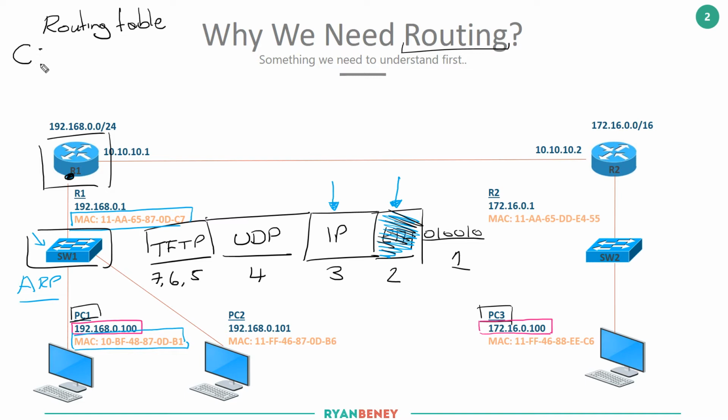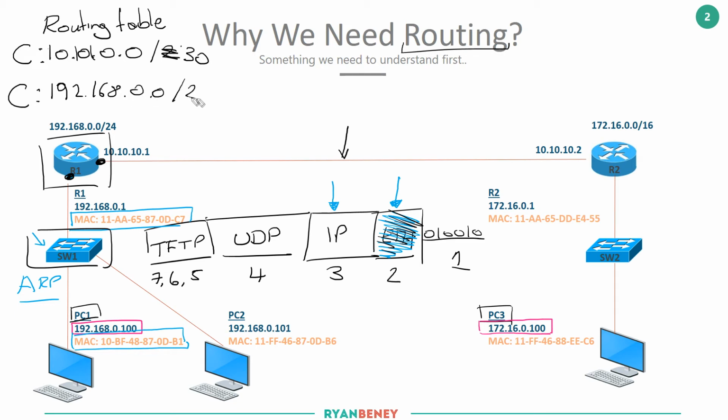So if we looked at router 1's routing table, what we would see is two entries. Both entries will be considered connected. Those entries will be 10.10.10.0/30, which is of course this interface here, and 192.168.0.0/24, and they'll be the only two entries that router 1 has in its routing table by default.